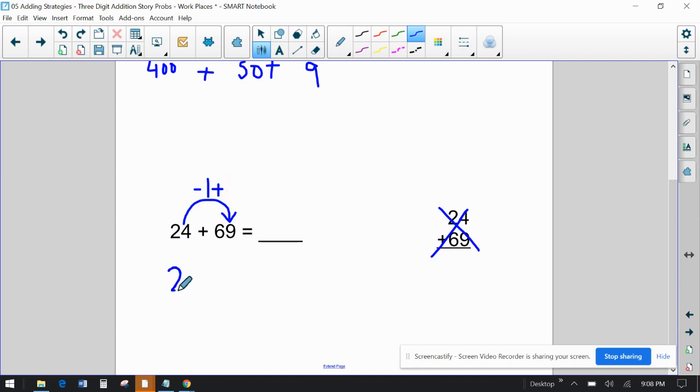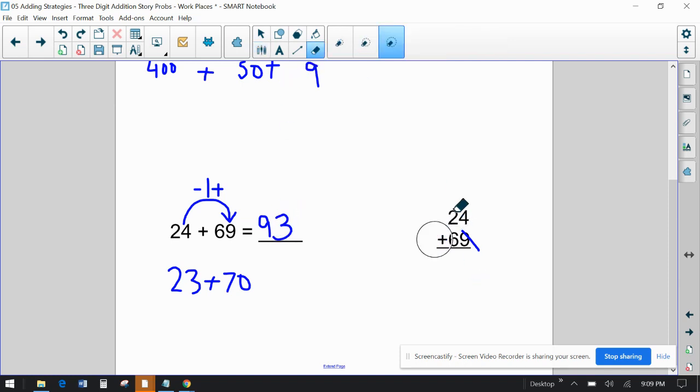My new problem is 24 with 1 less, which is 23, plus 70. All of a sudden, this is a mental math problem. 70 plus 20 is 90, and the 3 doesn't change. So it ends up being 93.